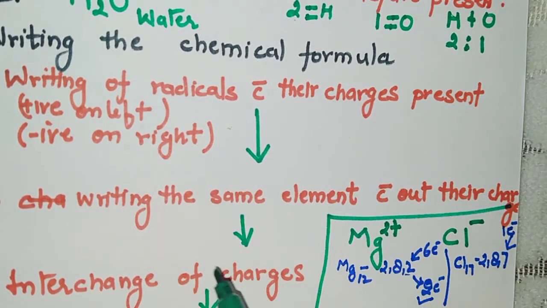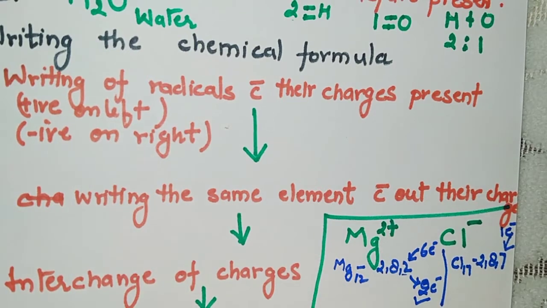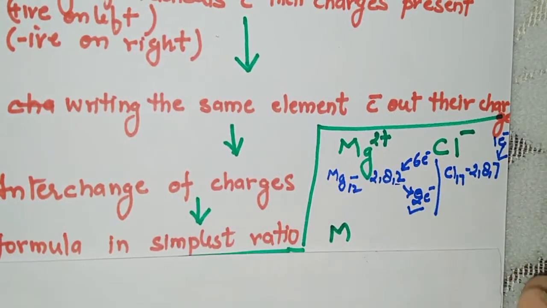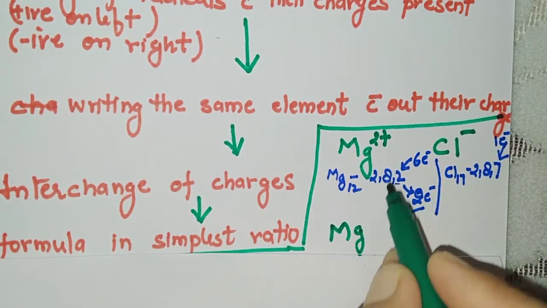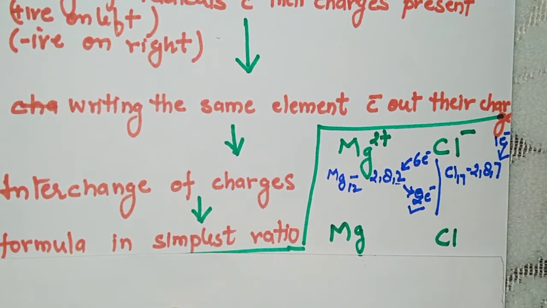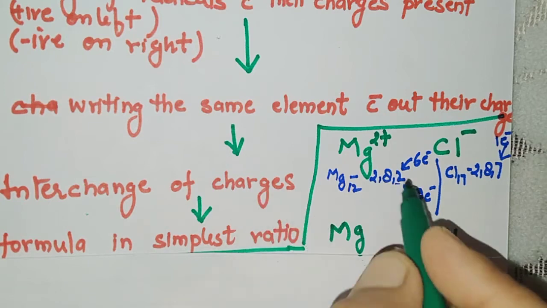Now again we will write the same element but without the charge. Same elements, Mg and Cl, but without the charge. Now what is the third step? Interchange of charges.